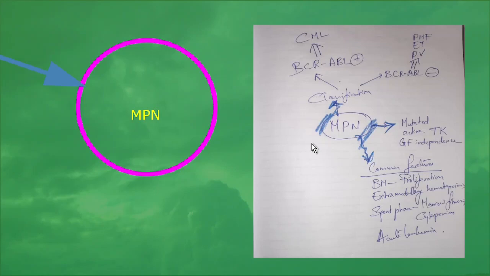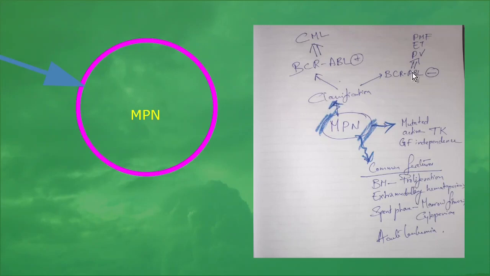Then they enter something called a spent phase, where there is marrow fibrosis and cytopenias, and any of the myeloproliferative neoplasms can go into an acute leukemic phase. All of them have mutations which activate different types of tyrosine kinases, and there is GF independence. GF is growth factor here.